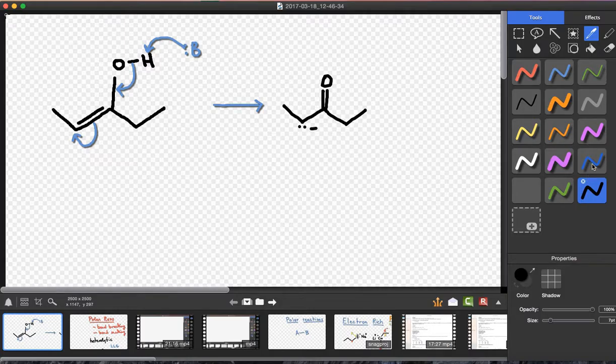And then of course, we'll have a second proton transfer to neutralize the compound.